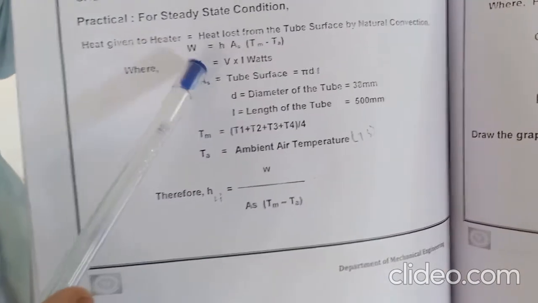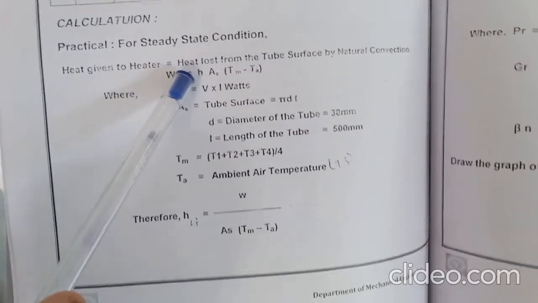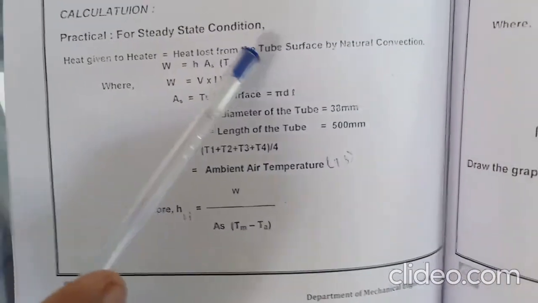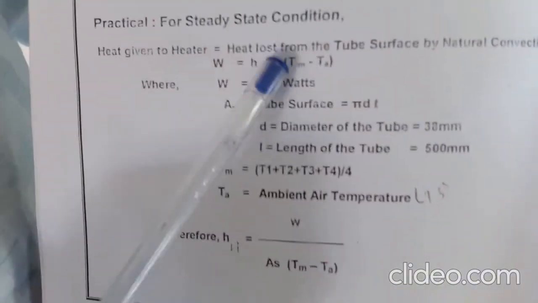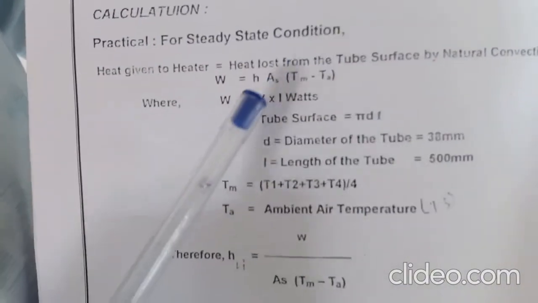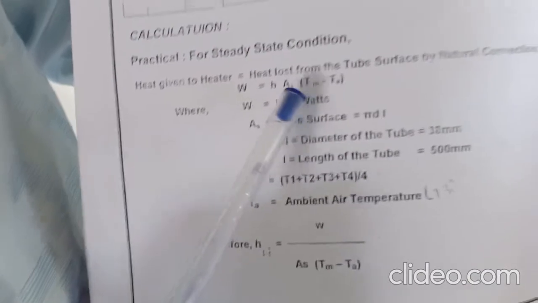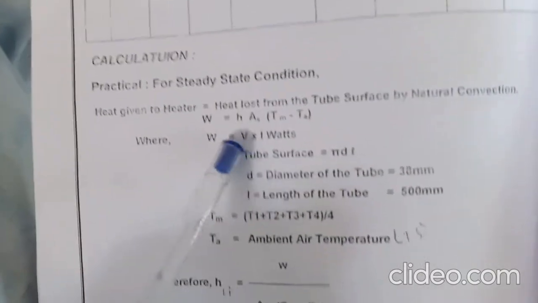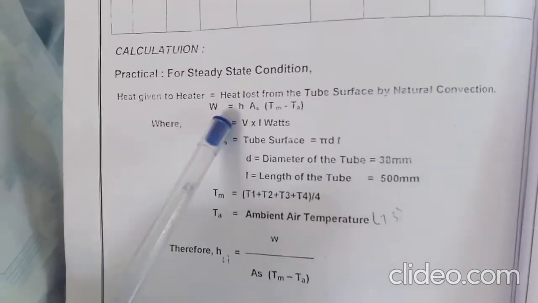To calculate the practical heat transfer coefficient, we have to use this formula. That is, according to Newton's law of cooling, Q is equal to, or W is equal to, HA delta T, as I already told earlier, HA (Tm minus Ta). Okay, so W is equal to V into I. In this case, we have to take the product of voltage and current to get the Q.